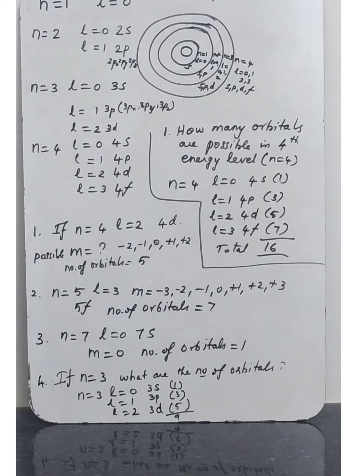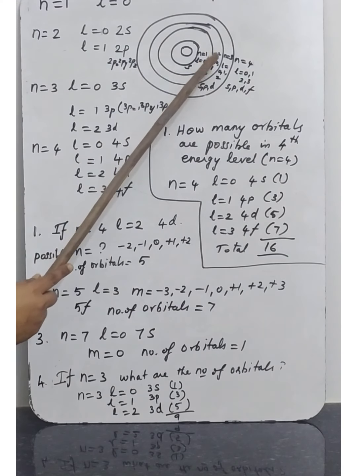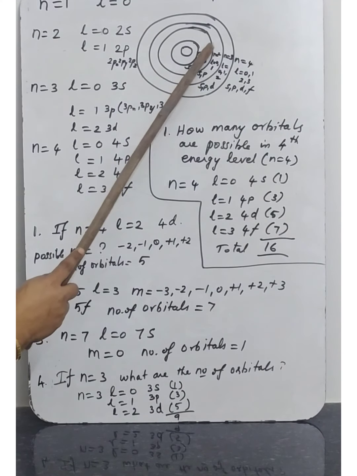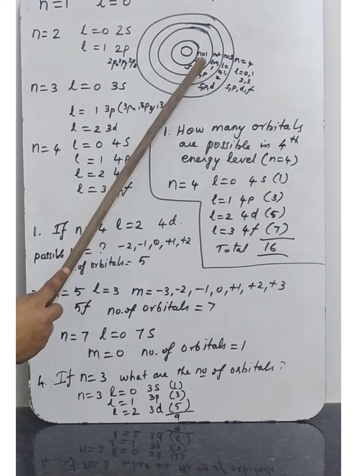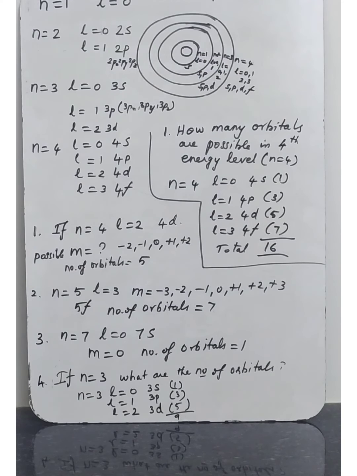The p orbital is l value 1. If l is 1, the possible m values are minus 1, 0, plus 1, three possible orientations: 2px, 2py, 2pz. So if n is equal to 2, l is 0 and 1, the s orbital comes and the p orbital is also introduced.